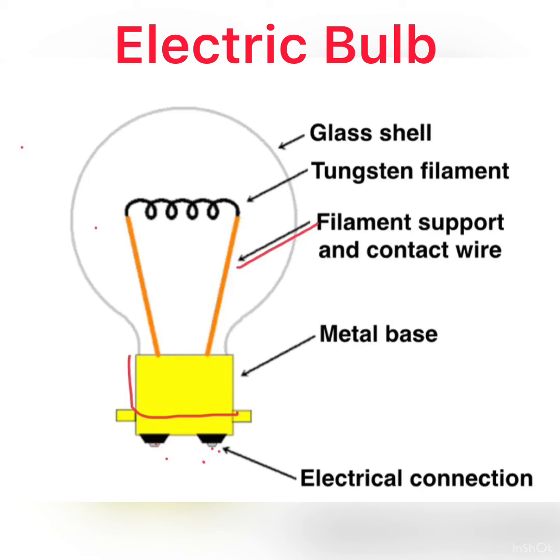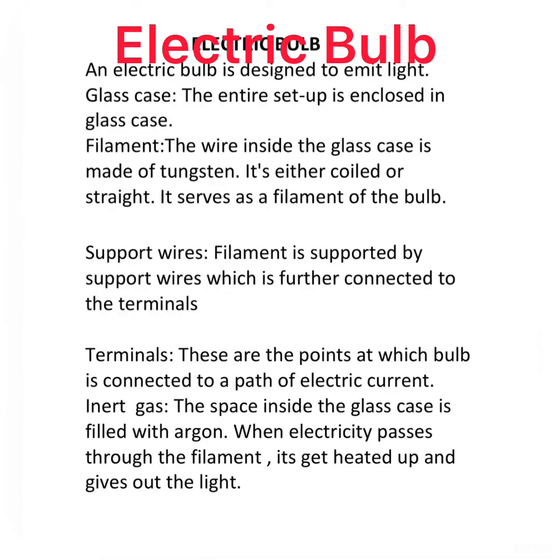Terminals are the points at which the bulb is connected to the path of electric current. The entire setup is enclosed in a glass case and the space is filled with an inert or non-reactive gas, that is argon. When electric current passes through the bulb, the tungsten heats up and the bulb glows.